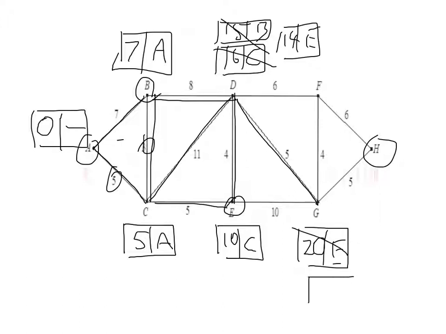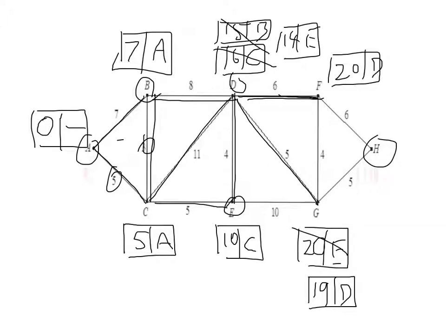Uh-oh, cross that out. 19 from D. And if I go from D along this way to F, that's going to be 14 and 6 is 20 from D.